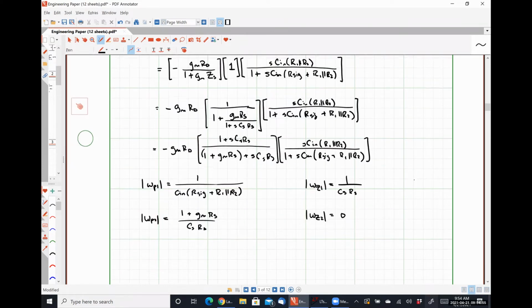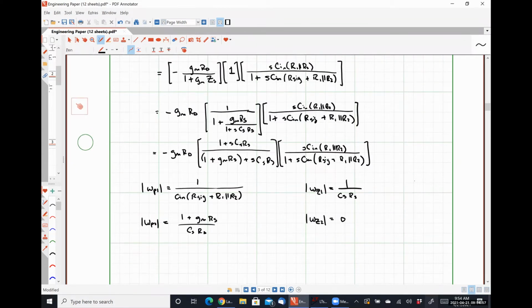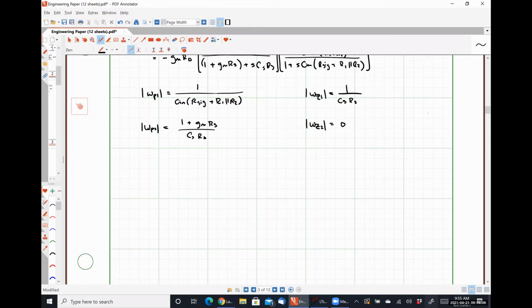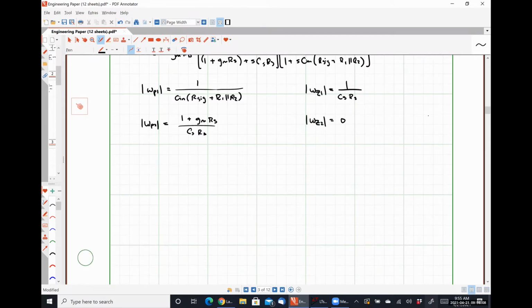Okay. So I have all these poles and all these zeros, so I can put together a simple Bode plot that would be an estimation of what my frequency response should look like. So here's the magnitude of my voltage gain measured in decibels.